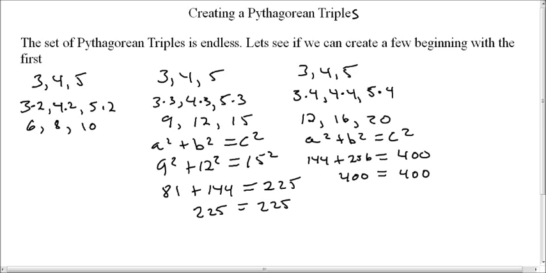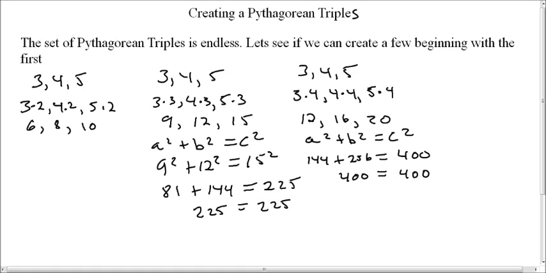So I think what this is telling us is we can scale the first ones, we can scale each one of these. We're looking at 3, 4, 5; 5, 12, 13; 9, 40, 41.